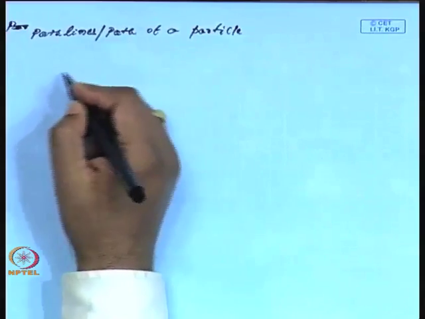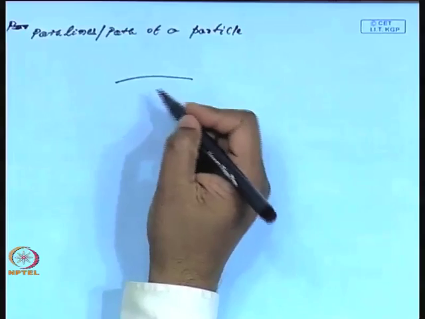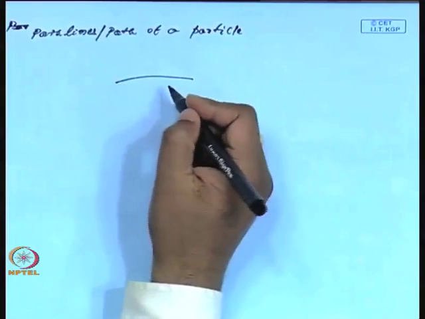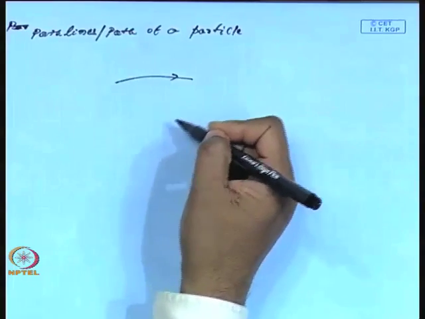The path of a particle is a curve which a particular fluid particle will describe during its motion.